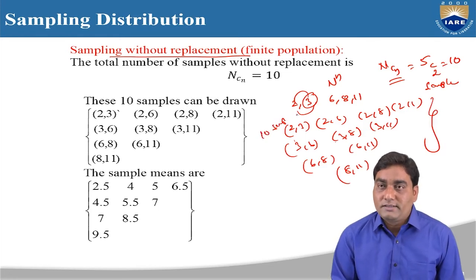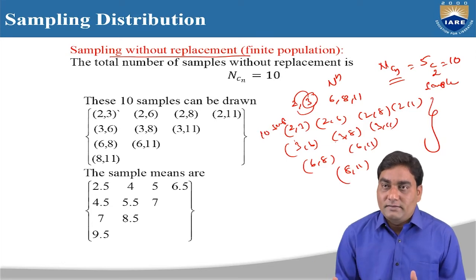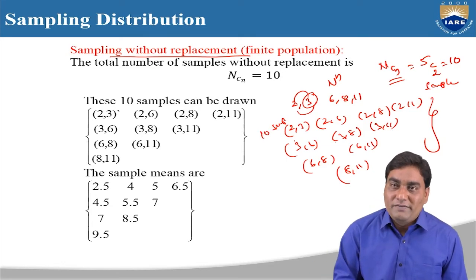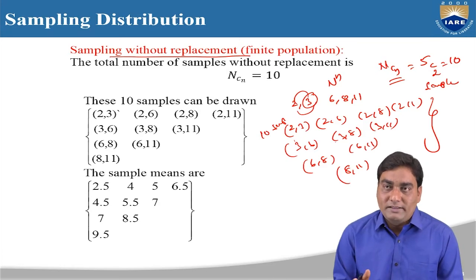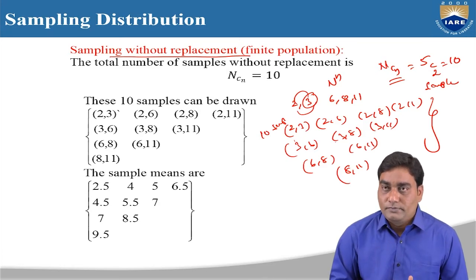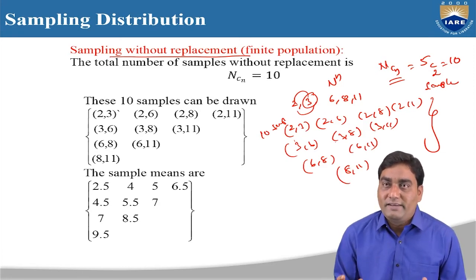This is the process to choose the samples without replacement. In the first problem, with replacement, we repeated 2, 2, 3, 3, or 3, 2, and wrote them again. But here, if you write 2, 3, no need to write 3, 2. There we wrote 2, 2; here we don't write 2, 2. Not repeated, that's why it is known as without replacement.